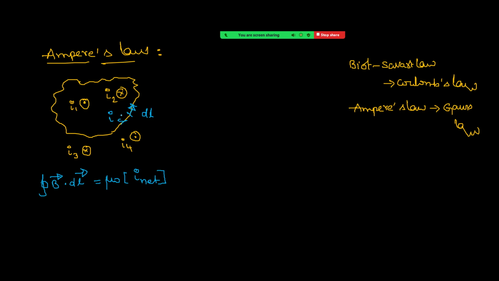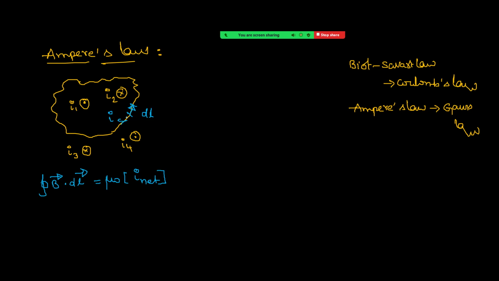So here you should be very careful. Earlier we have taken dl bar on the current carrying wire. But now here we are taking dl element on a loop which we are imagining. I am repeating. Earlier we have taken the element on the current carrying wire, and the direction of dl bar is the direction of current.